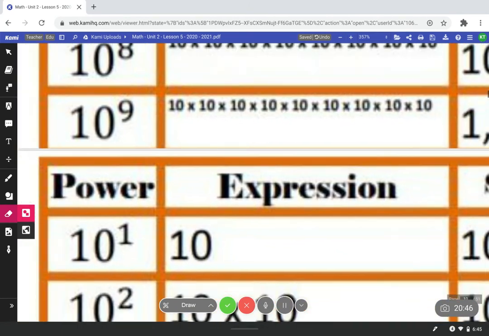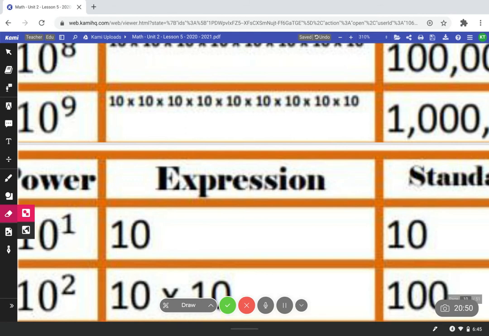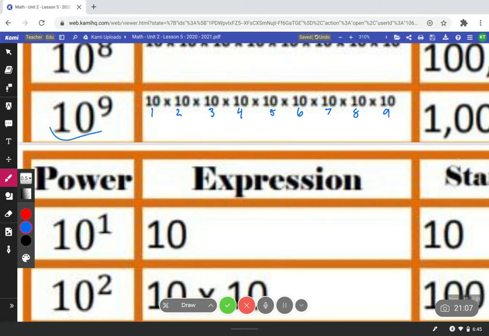That means we are going to be multiplying 10 9 times. So let's do that. 1, 2, 3, 4, 5, 6, 7, 8, 9. See, we are multiplying the base by itself 9 times.